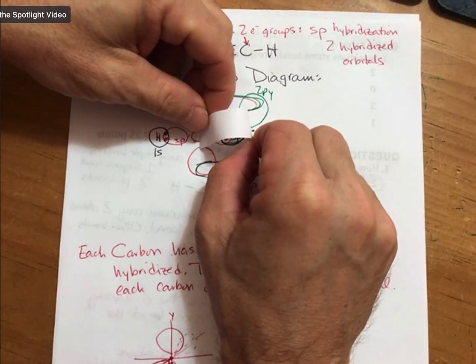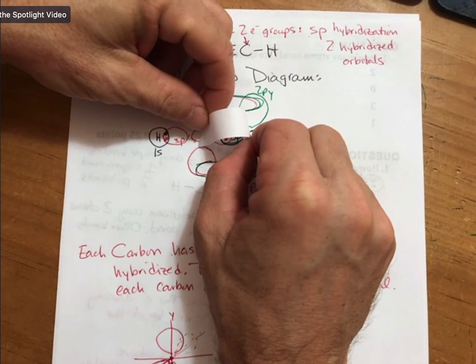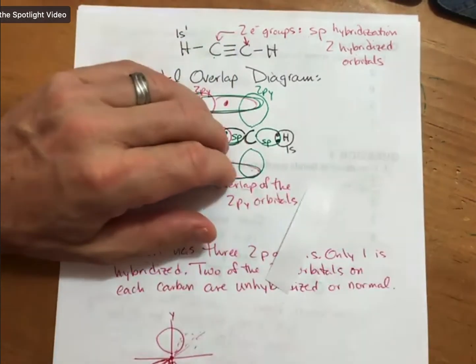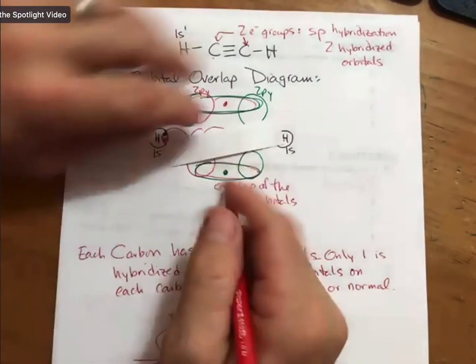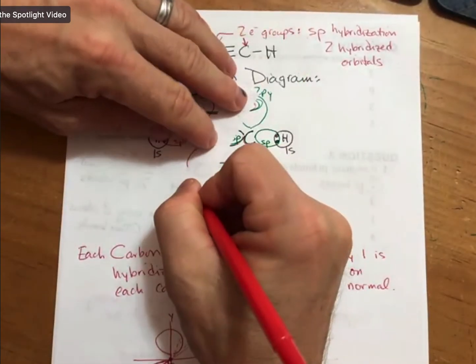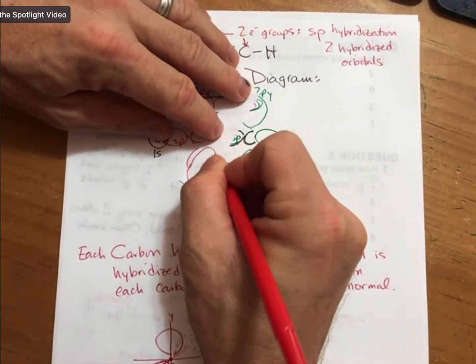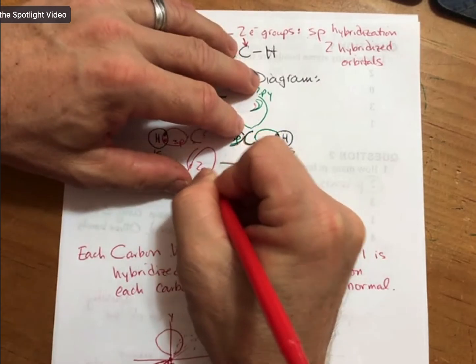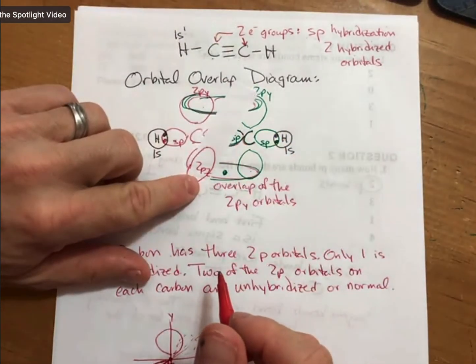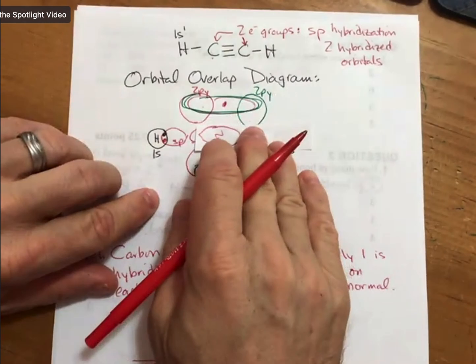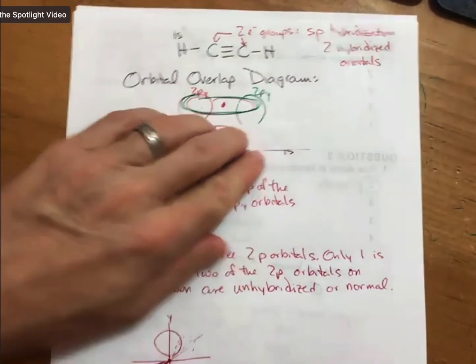And this is going to represent the 2pz orbital. What you might do is from this carbon, you draw a little shape like this, and call it 2pz. And it's even color coded according to mine. You don't have to color code it.